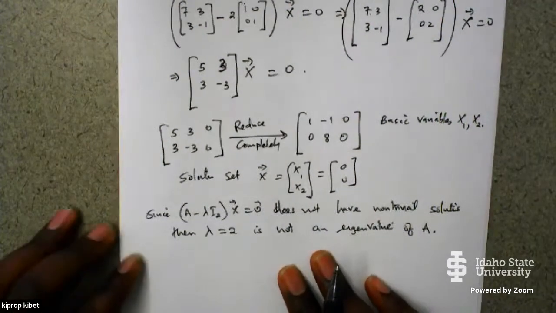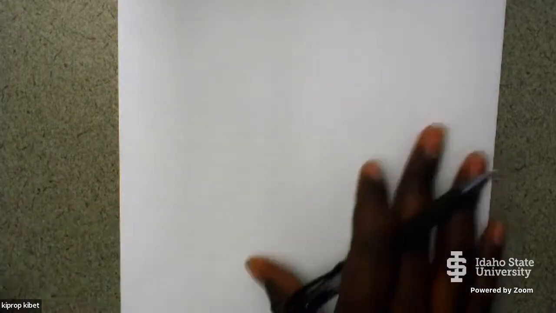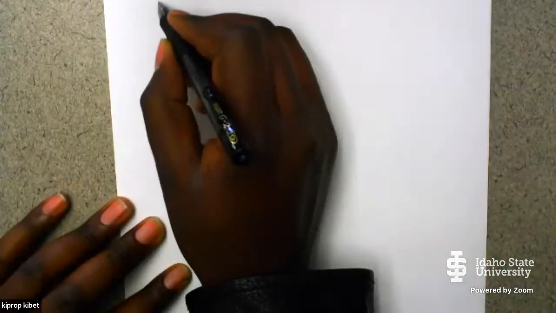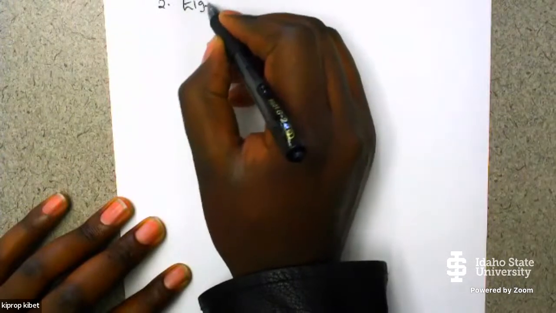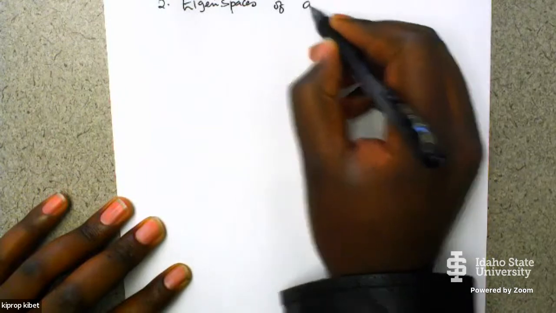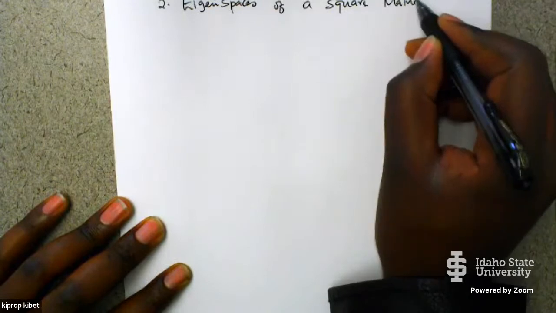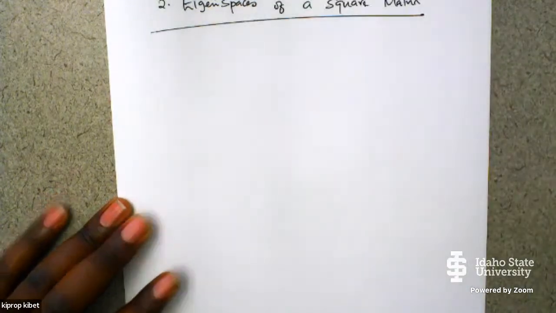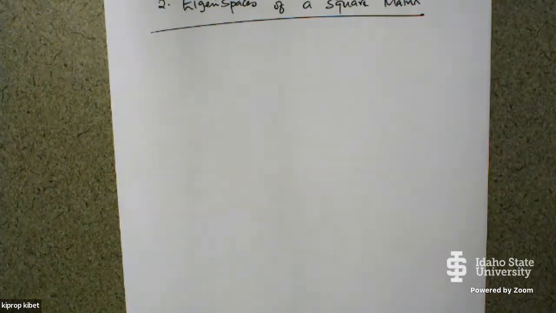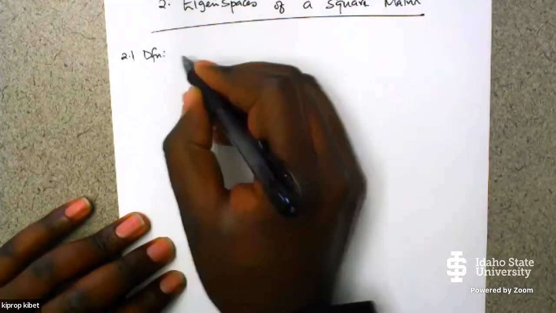Okay, now let's come to the next section here, which is number 2, the eigenspaces of a square matrix. So let's define this one. 2.1 Definition.